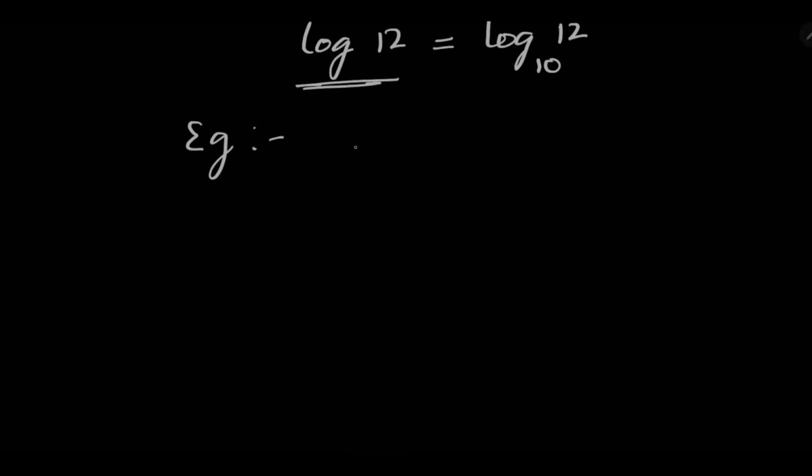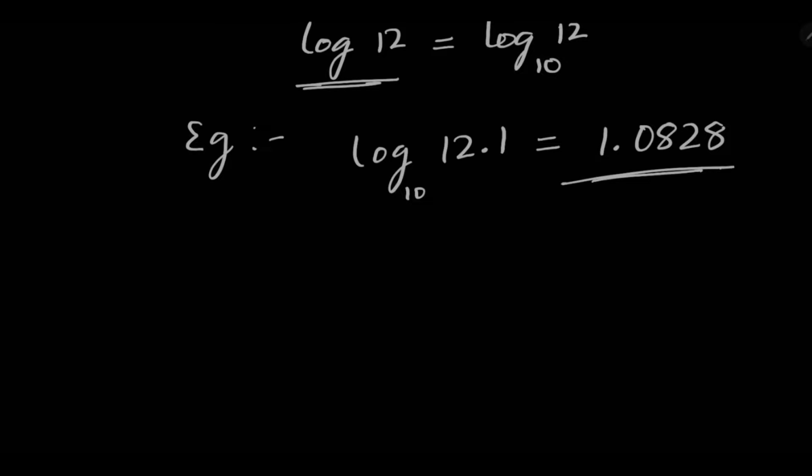For example, you have log 12.1 to the base 10. Of course, I said that I don't mention it when it's base 10. This is equal to 1.0828. Now this is the answer, and this answer has two parts.